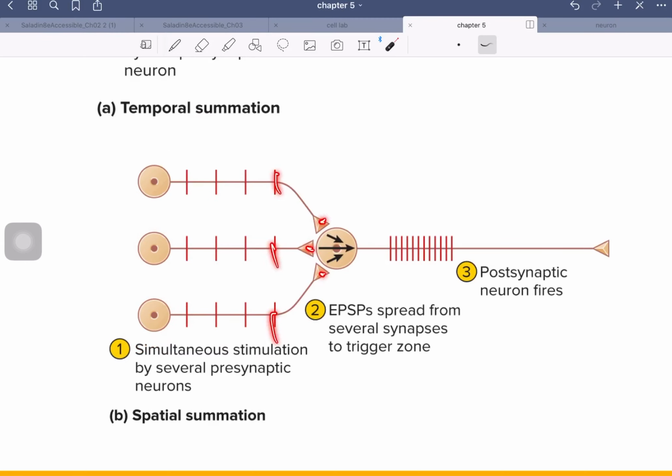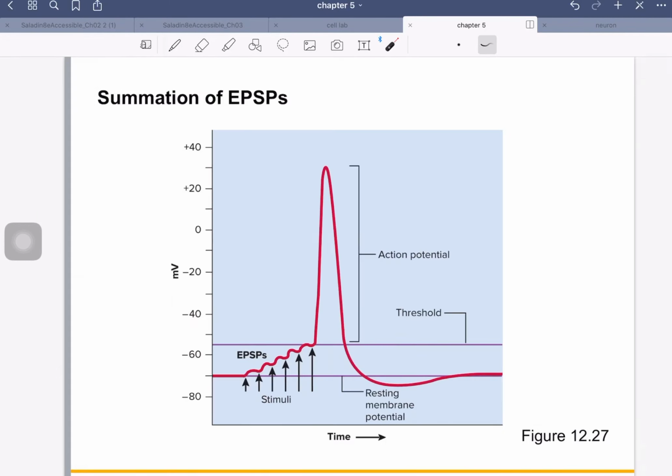And because each one of these is influencing a different part of the neuron, and the cumulative effect of, say, those sodium ions flowing down here will cause the trigger zone to fire, it's spatial summation because it's spread over a space. But the end result is the same. We have to get the trigger zone of the postsynaptic neuron to hit threshold, and when it hits threshold, then the action potential will occur.